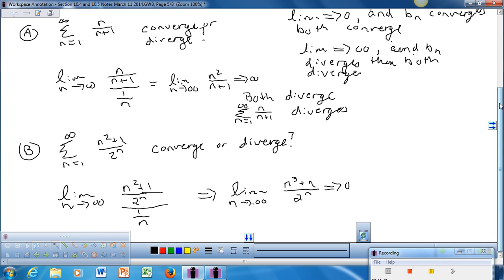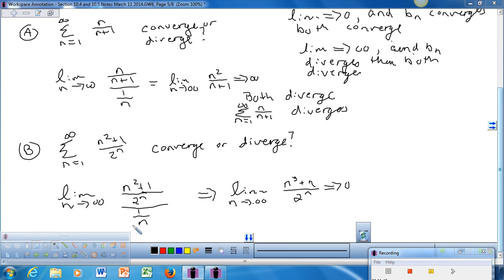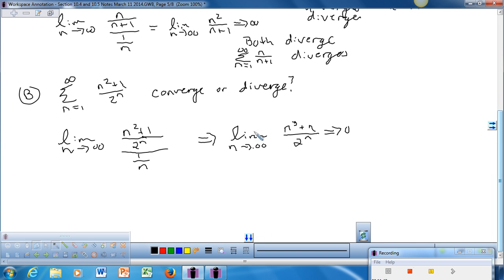Well, if it approaches 0 and the bottom series converges, then they both converge. Does my bottom series converge? It does not. So this is what I meant when I said, well, now I can quickly make a change. Limit as n goes to infinity of n squared plus 1 over 2 to the n, over 1 over n squared, and see if it still goes to 0.